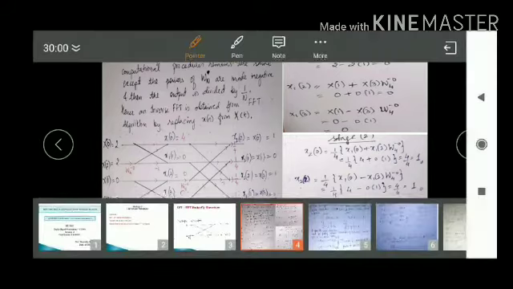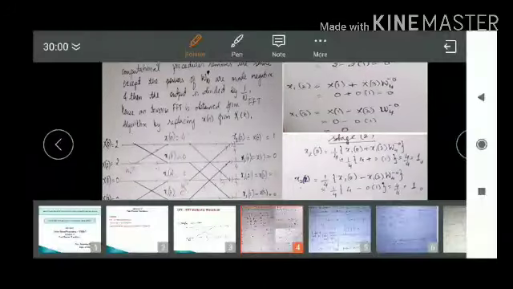So x1 of 0 is 4, x1 of 2 is 0. 4 by 4, answer is 1. Similarly, we'll be looking at x2 of 2. Again, it is 1 by 4 into x1 of 0 minus x1 of 2 into W4 minus 0. The answer is 1. And accordingly, you can calculate x2 of 1 and x2 of 3.